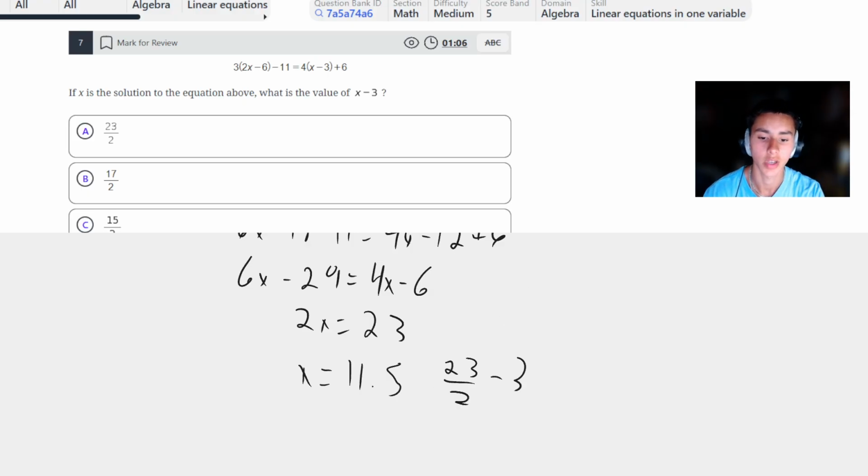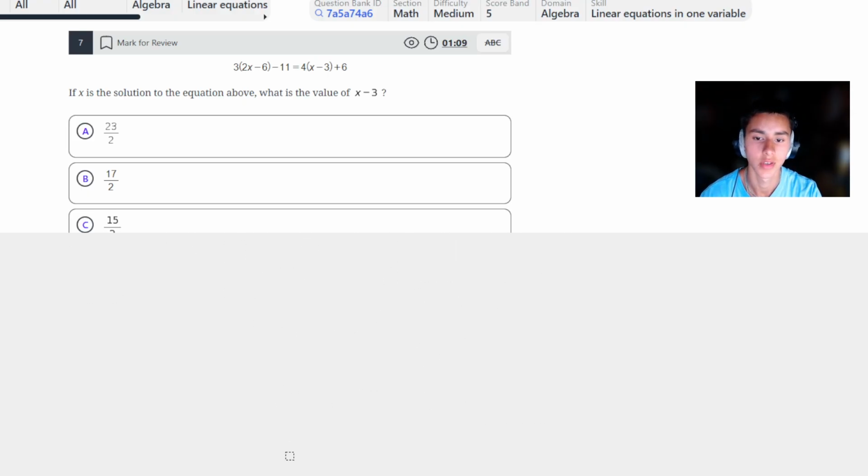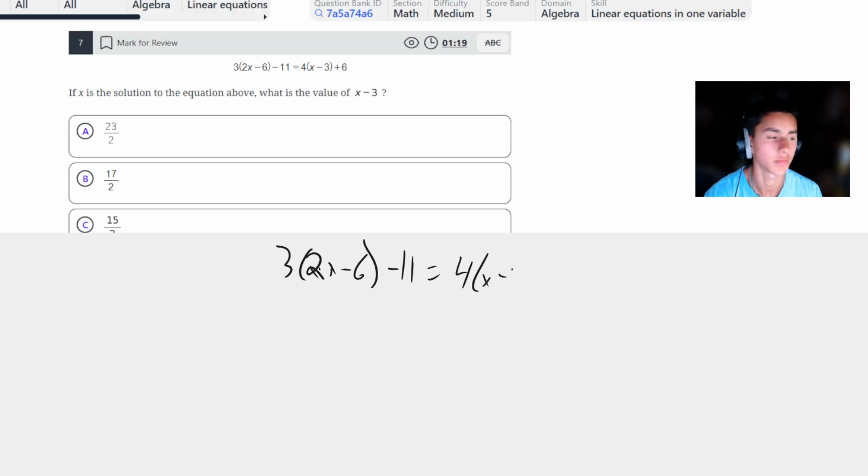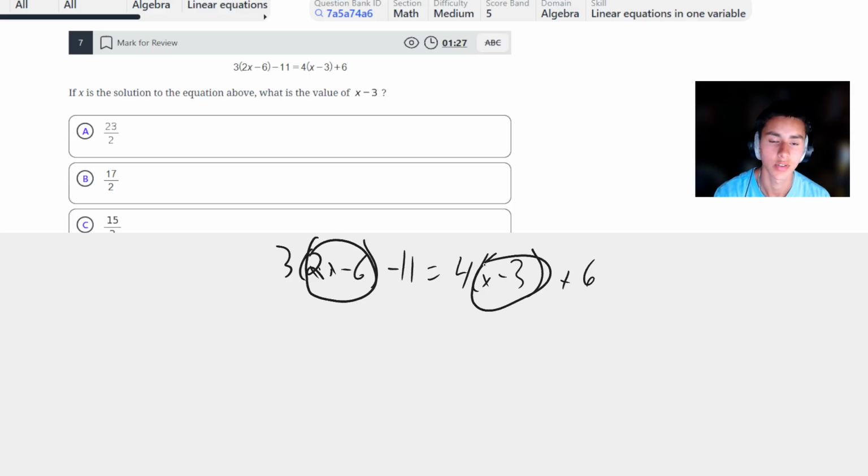But the faster way I would do this is, you notice here in this equation that it's 2x minus 6 minus 11 equals 4x minus 3 plus 6. What do you notice here? When I look at this, I instantly realize this and this are factors.